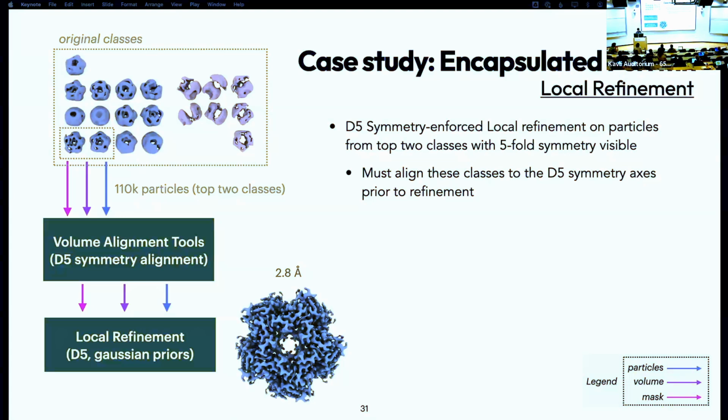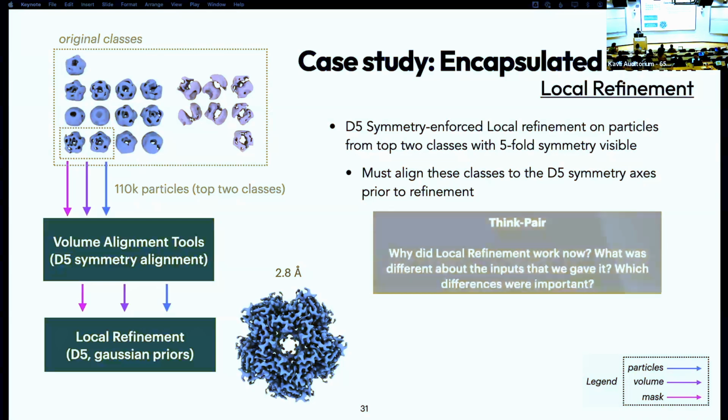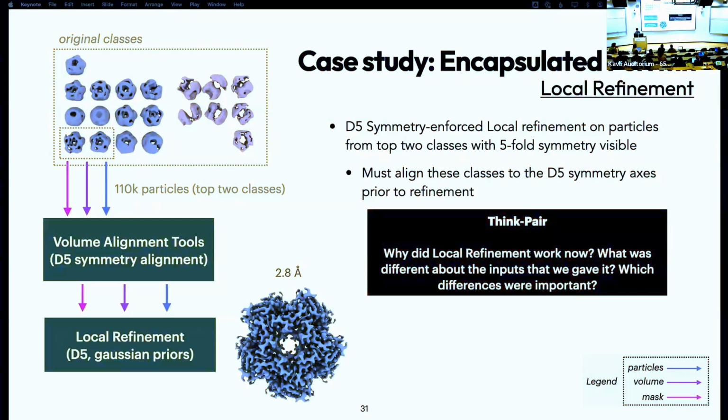And so now I want you guys to think, what changed from the initial local refinement before? So why did it work better now? What was different about the inputs that we gave local refinement this time? And which of these differences were important?